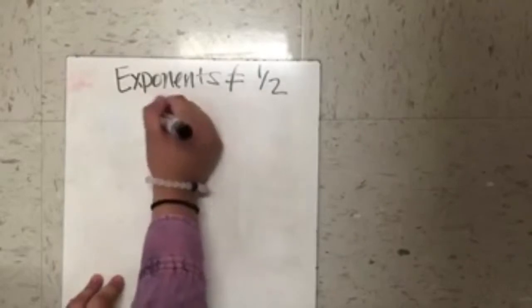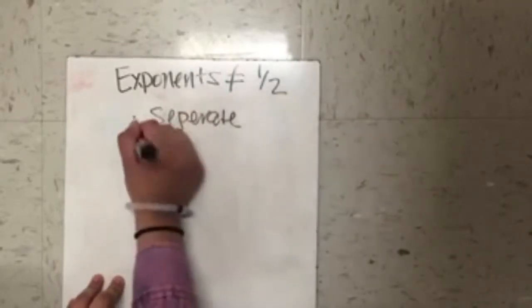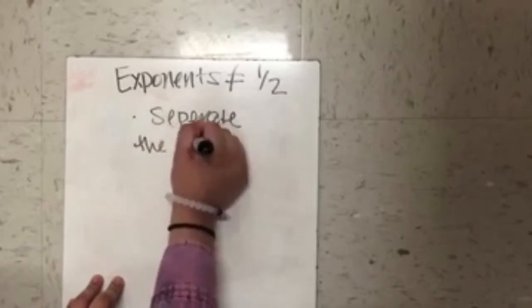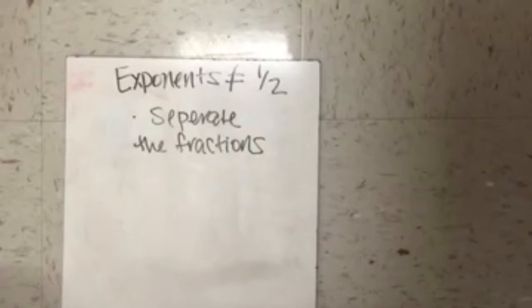Now, when the exponents are any number but 1/2, one way to work it out is separating the fraction. So in this case, we have 4 to the 3/2.